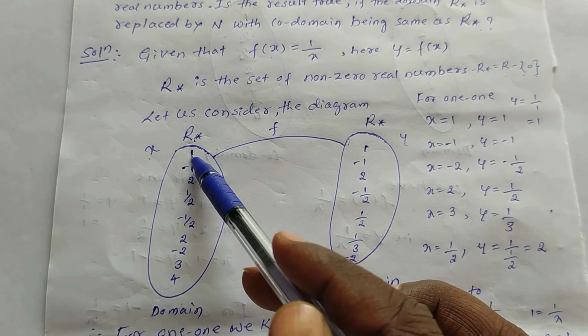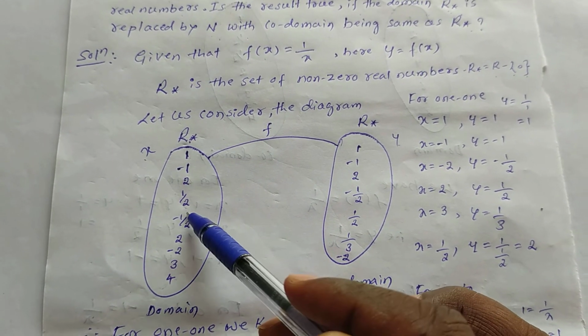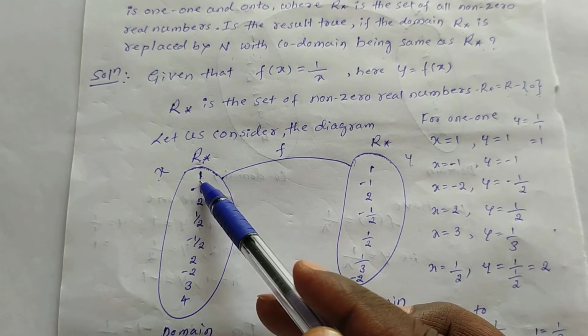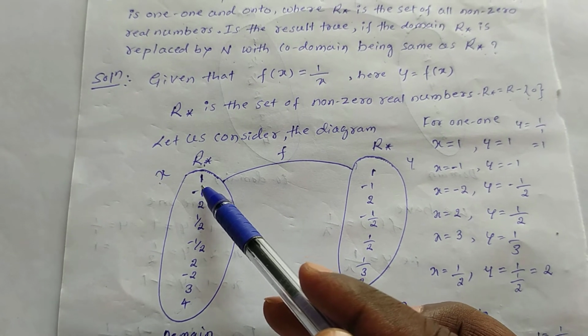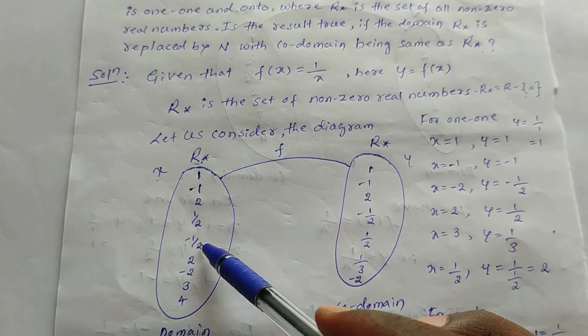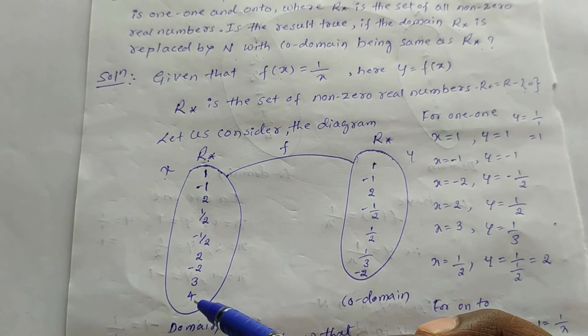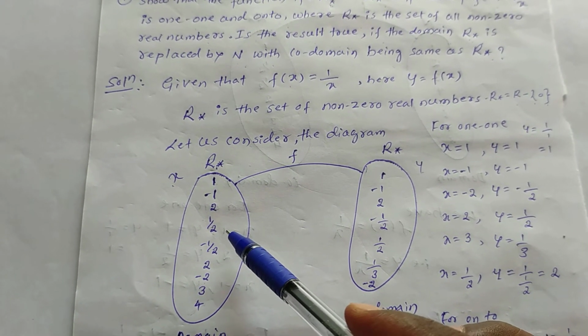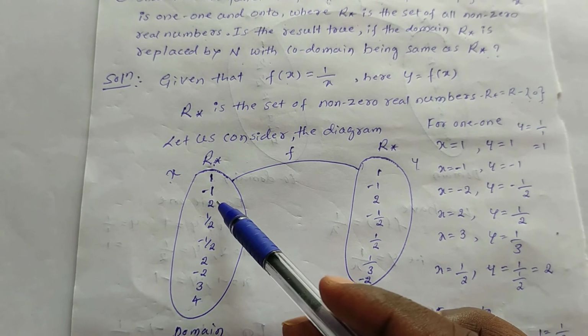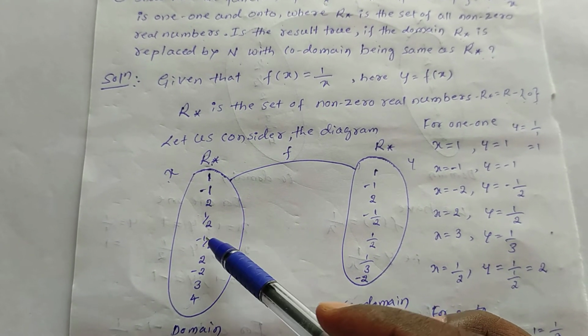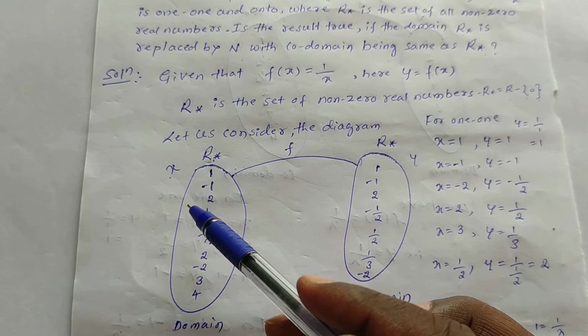All these are non-zero real numbers, because 0 is not included here. The elements of R star are like this: 1, minus 1, 2, 1 by 2, minus 1 by 2, minus 2, 3, 4, 5, 6, minus 6, minus 4, 1.5, 0.5, minus 0.5, because except 0, all the real numbers exist here.